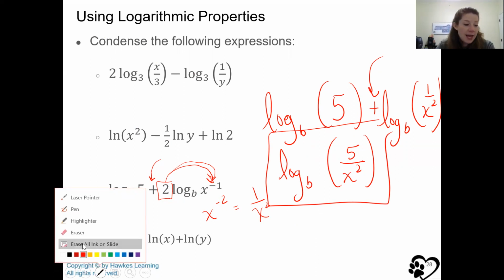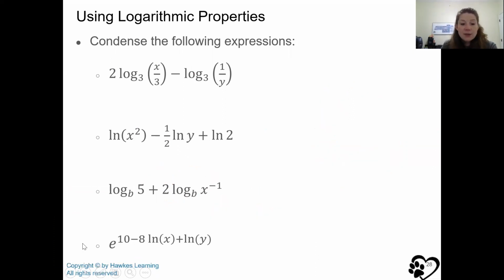All right, let me get rid of that. All right, so guys, when you have a natural e, if you think of this as, well, let's get our exponent down to the front, and I can do that if I find the ln of e.